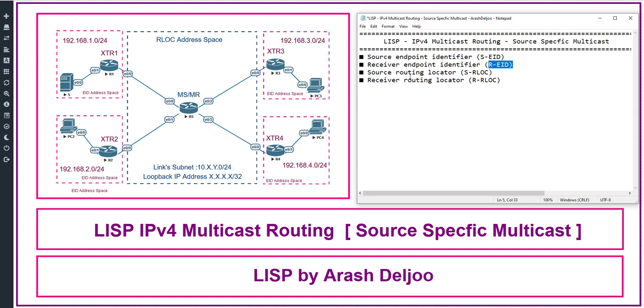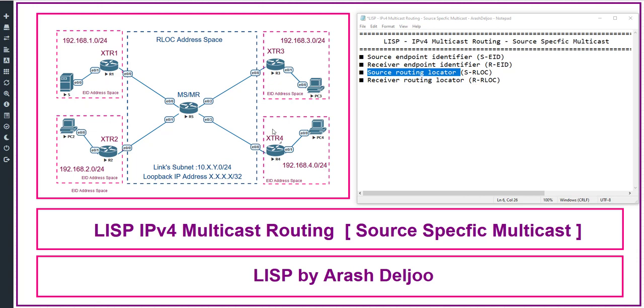So simple. Also, let me talk about the source routing locator, or SRLOC. The SRLOC is the ingress tunnel router, ITR, on a multicast tree. For example, in this example, as you can see, the source RLOC is the RLOC of router 1. And then the receiver routing locator, or RRLOC. The RRLOC means the RLOC of the receiver host.